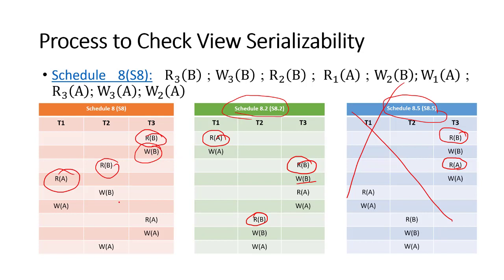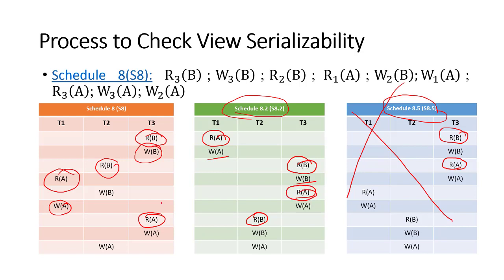Then there is another write operation on B, but after that there is no read operation on B. Now, transaction 1 is writing the data item A, which is read by transaction 3. Here we can see that transaction 1 is writing the data item A, which is read by transaction 3 in this operation.